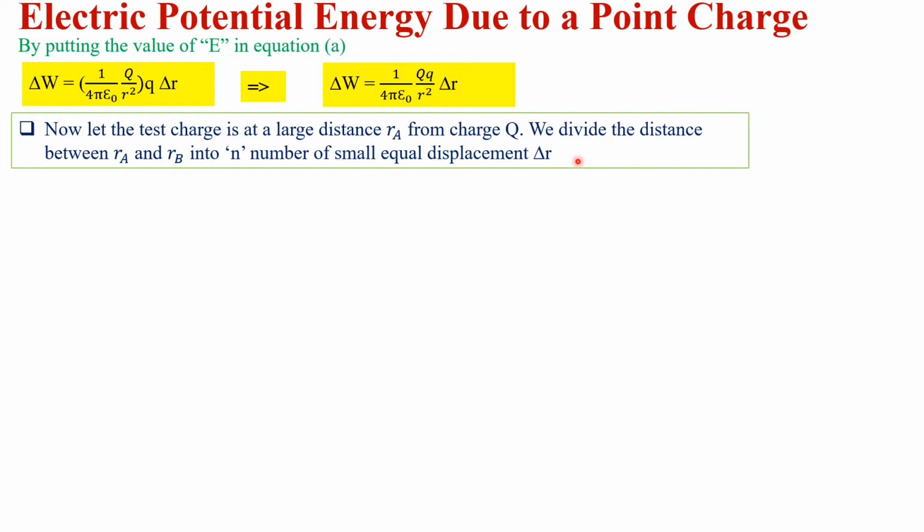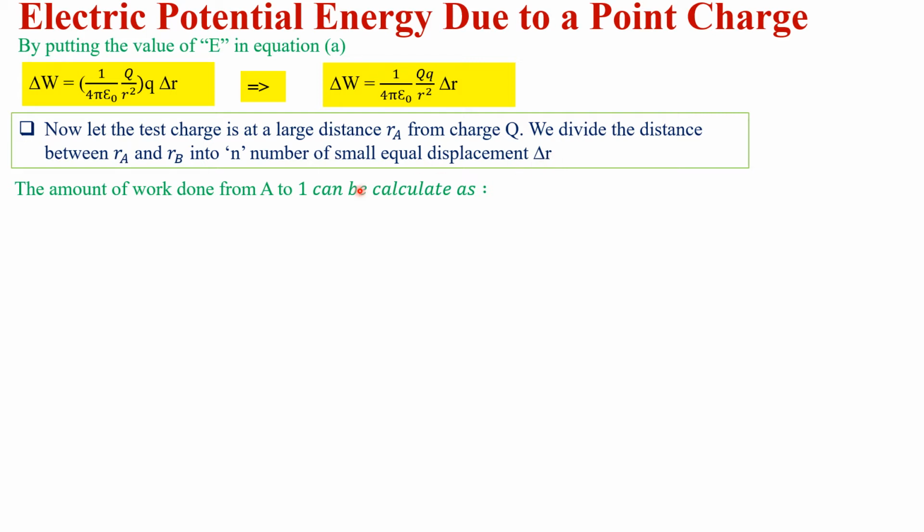We want to calculate the electric potential energy at point B. So we divide the distance from point A to point B into small displacements delta R because we want to keep electrostatic equilibrium. So for keeping electric field intensity constant, we have divided the distance into small paths from RA to RB.